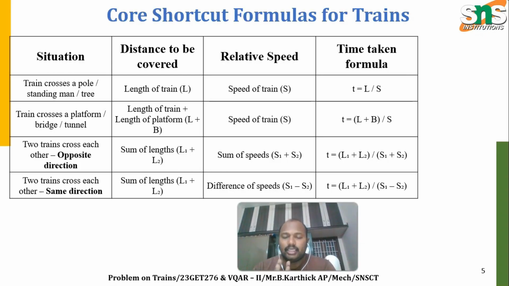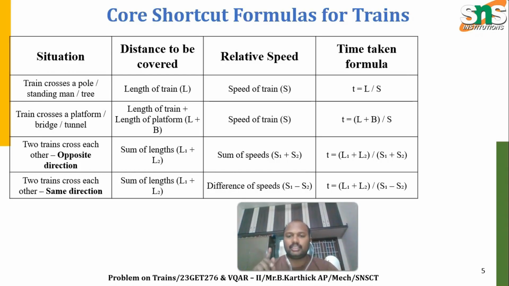The train has to start from the initial point of the tunnel. The complete crossing happens once the last compartment, the last point of the train, crosses the end point of the tunnel.